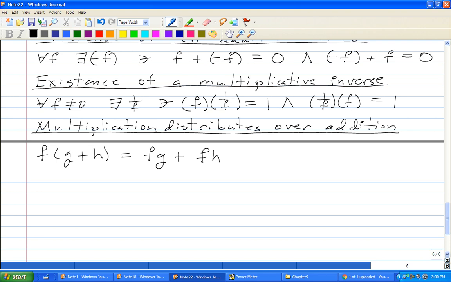In addition, these functions also form what's called a vector space. And so not only do they form a field, but they form a vector space. So let me give you the vector space properties.